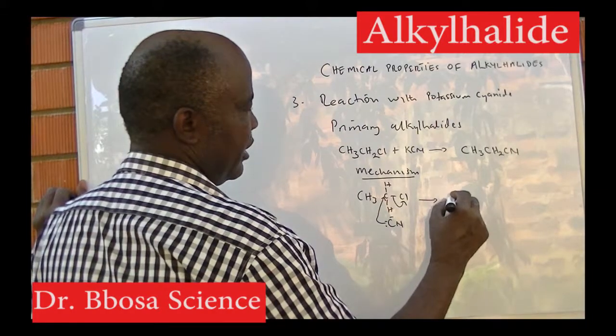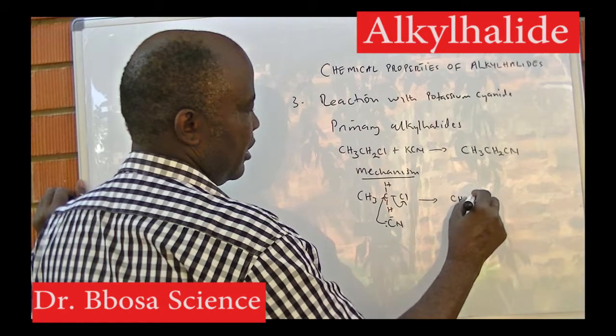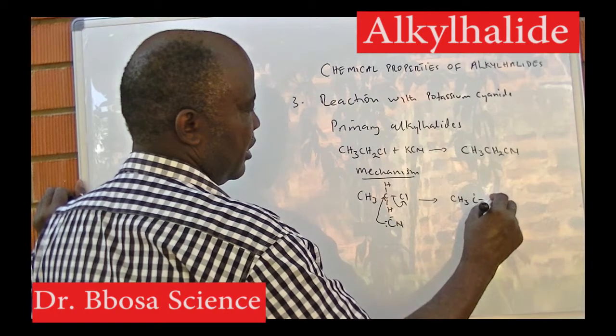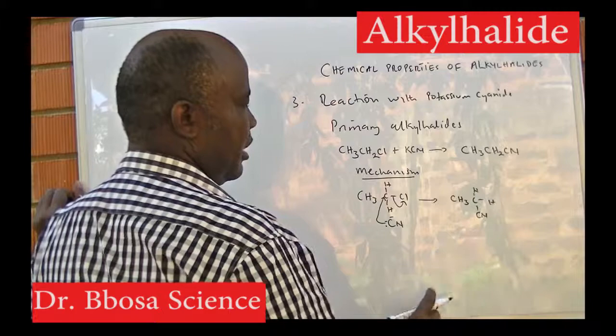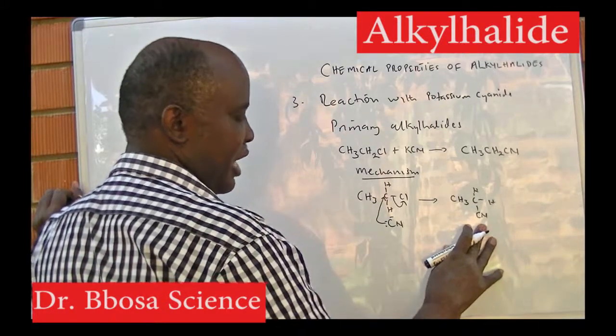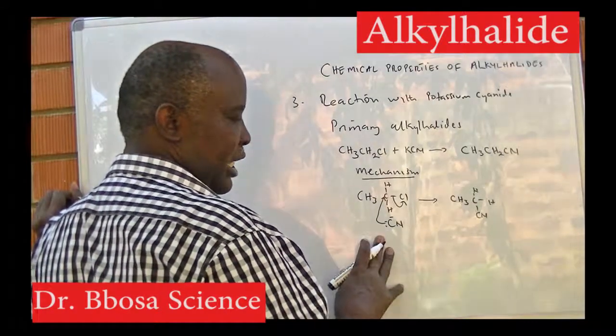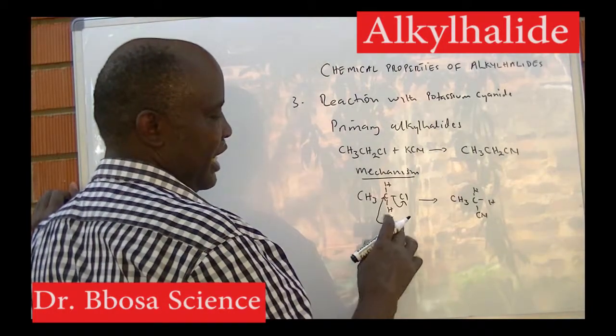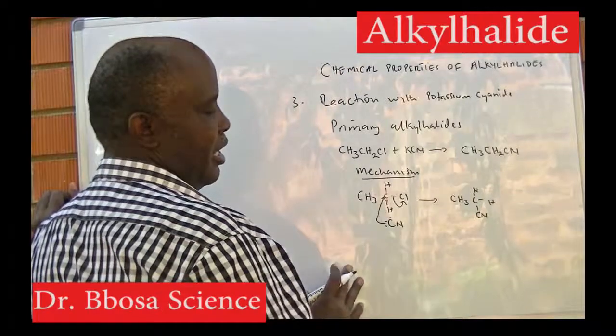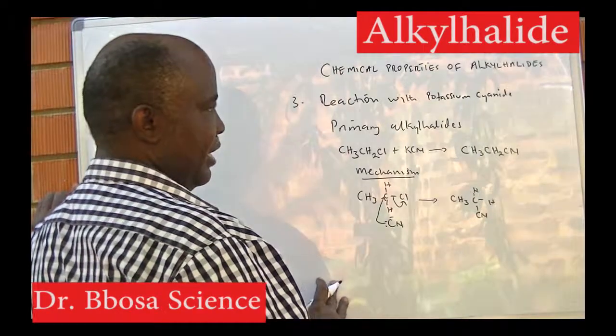Then you get the product, where the chain has increased by one carbon atom. The mechanism is SN2 because the slow step involves two molecules, the cyanide ion and the alkyl halide.